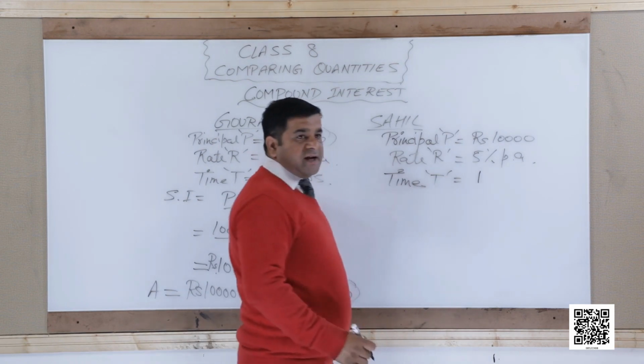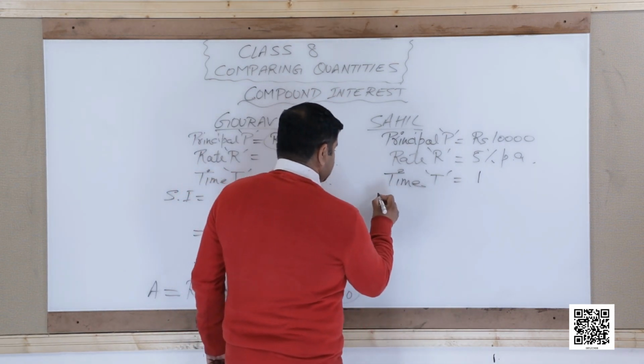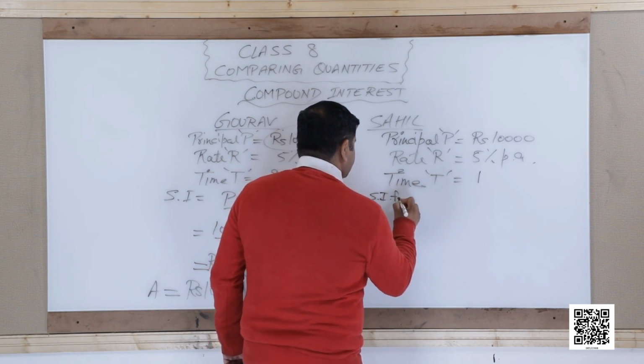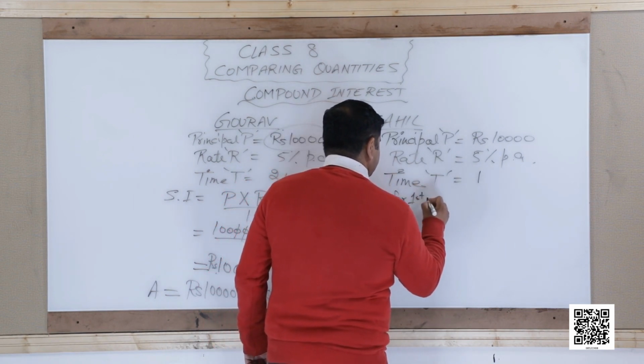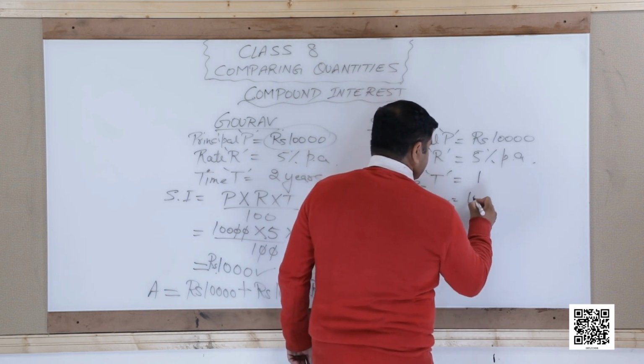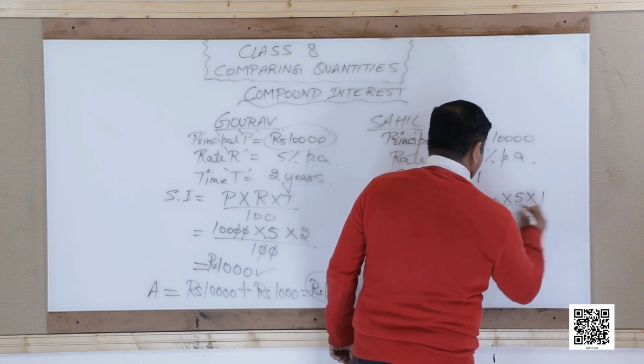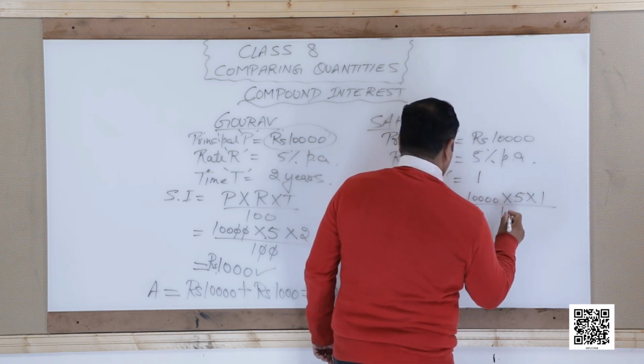First we take the first year and the simple interest for the first year would be 10,000 multiplied by 5 multiplied by 1 divided by 100.